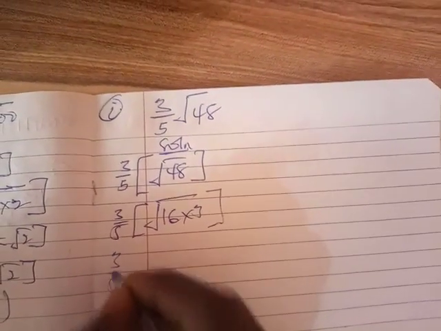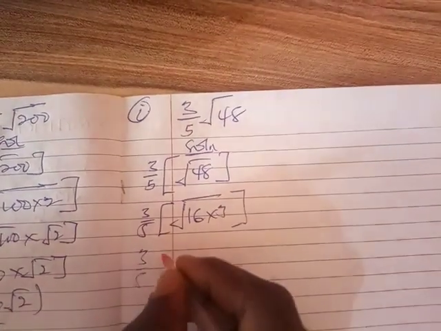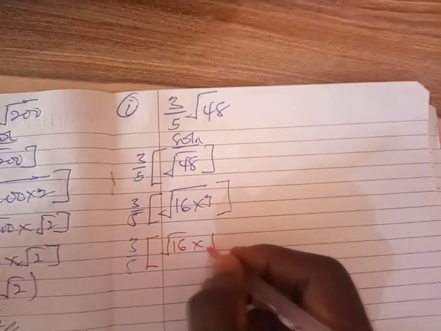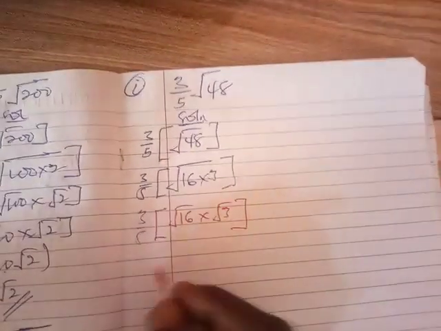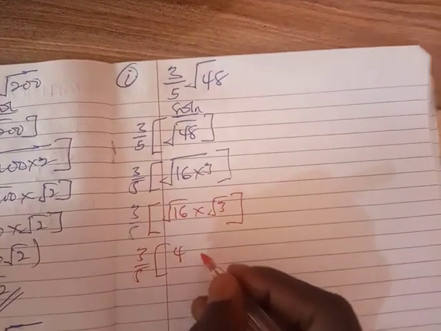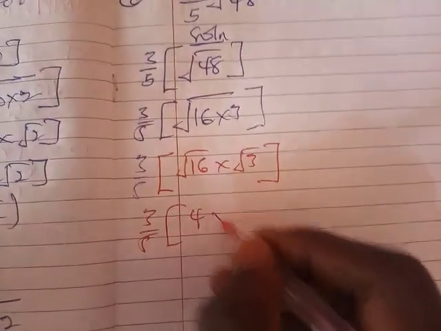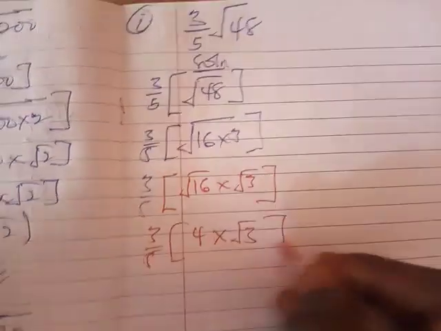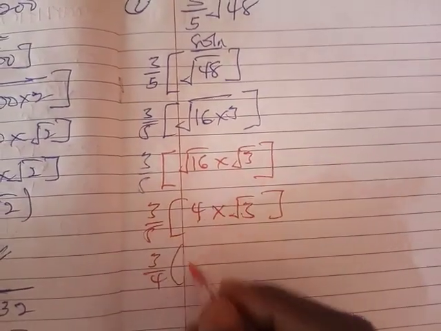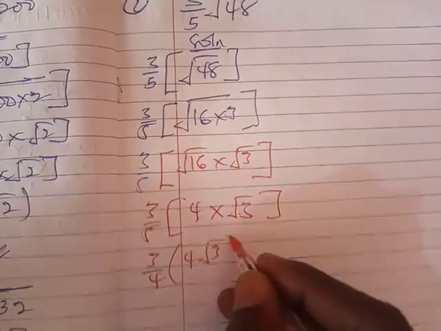So we have 3 on 5 here, and we have root of 16 times root of 3. Root of 16 is 4. So we have 3 on 5 still outside, and 4 times root of 3 is 4 root of 3.